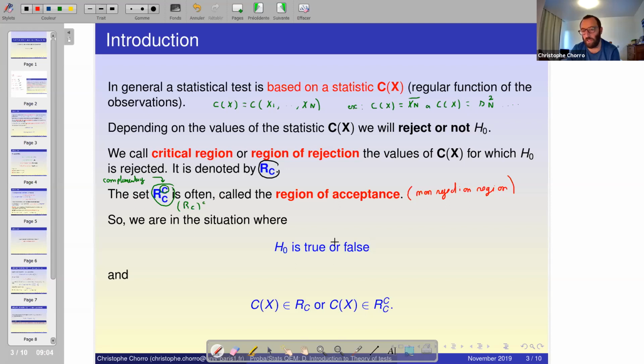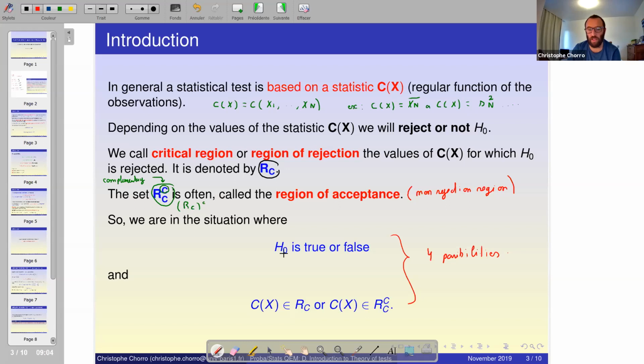So I have in fact here 4 possibilities. The case where H0 is true and the value of my statistic belongs to the critical region. The case where H0 is false and the statistic belongs to this one.